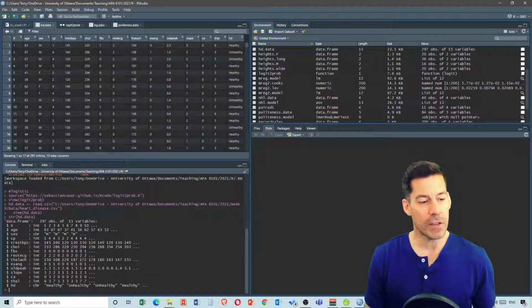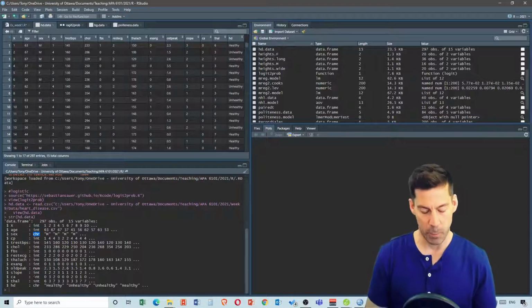We're only going to be using trestbps, resting blood pressure, as an integer. That's fine. We're going to be using sex, and that's currently a character variable. We want that to be a factor. And then heart disease is also a character variable, and we need that to be a factor. So we're just going to convert those into factors really quickly.